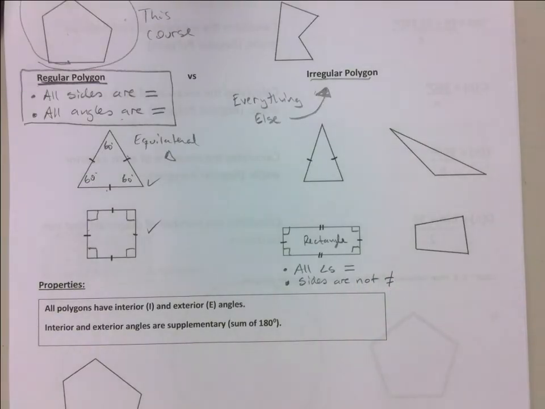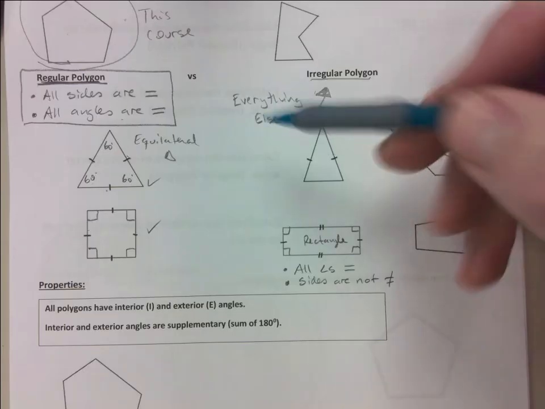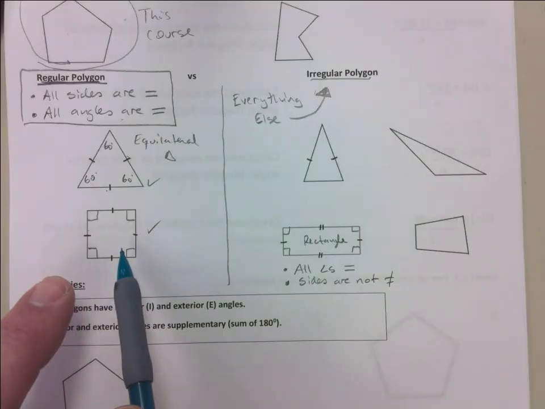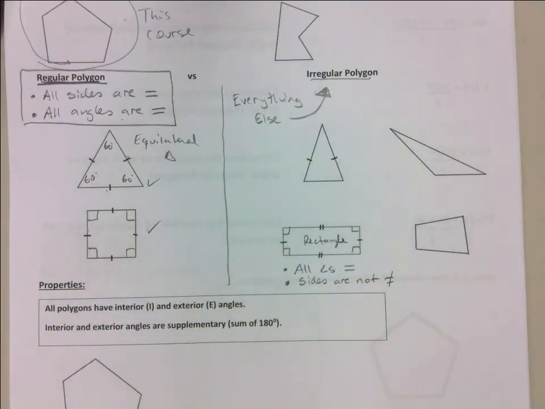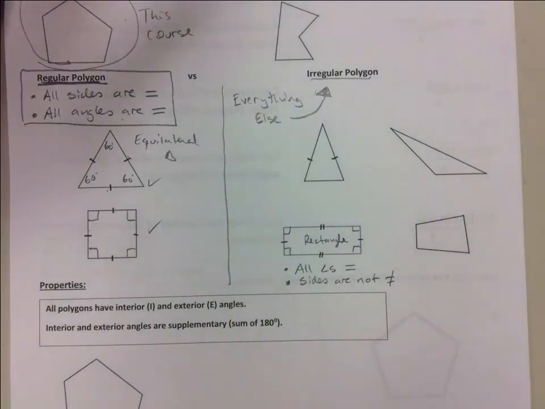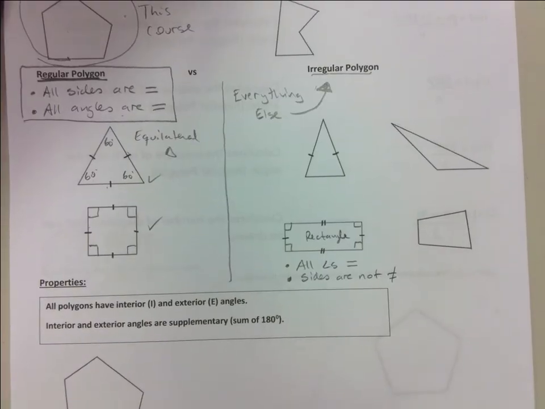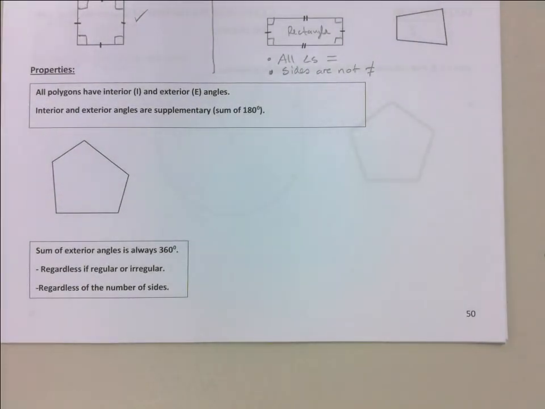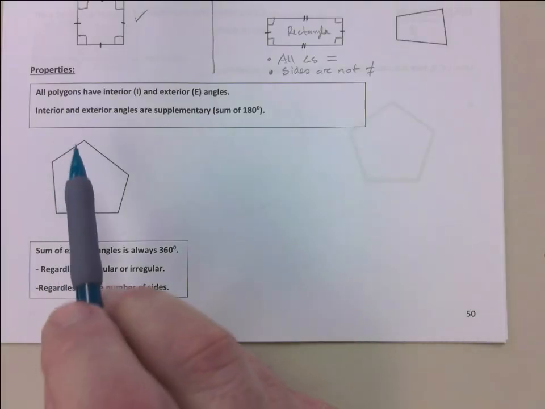So therefore, it's in the irregular category. So let it be known that there's a divide here: regular versus irregular. Let's keep going. I will test your knowledge on that. I'll find ways to check that you know what a regular polygon is.